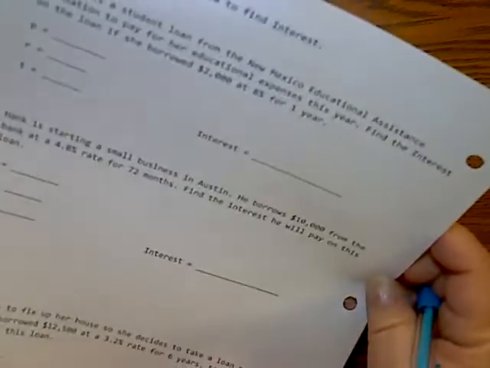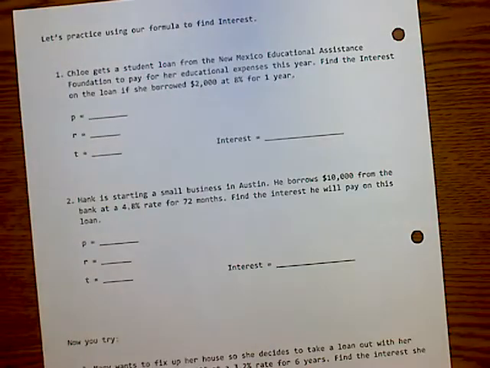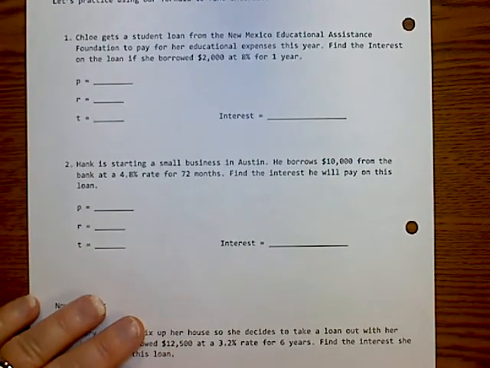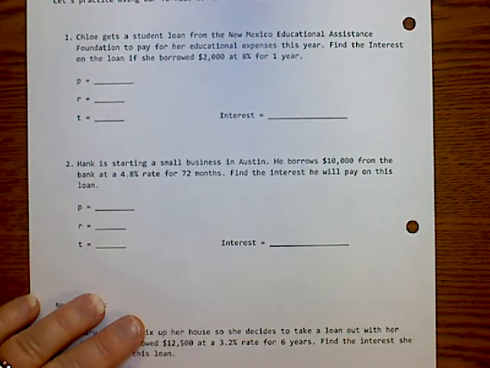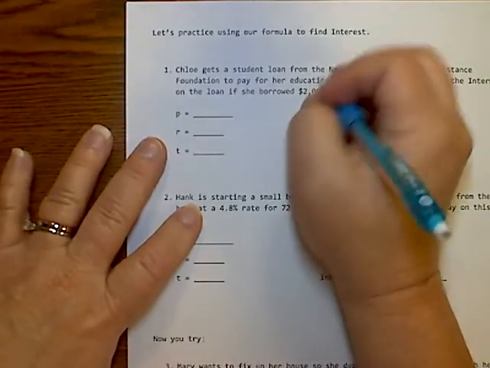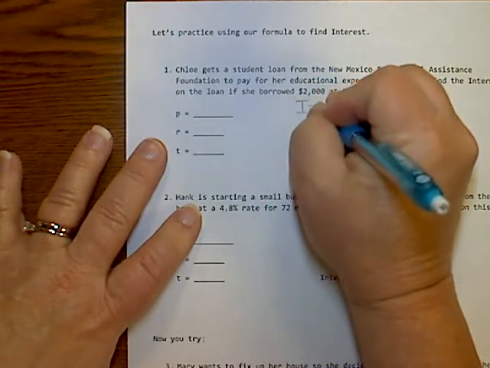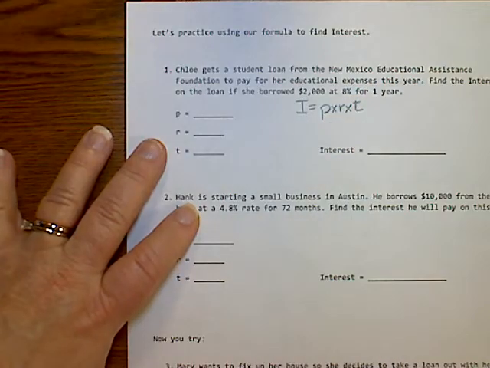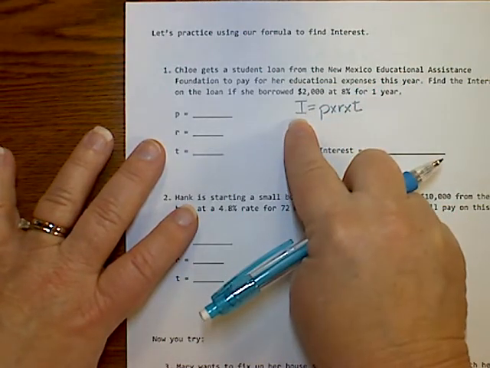Let's practice using the formula. Okay. Chloe gets a student loan from the New Mexico Education Assistance Foundation to pay for her educational expenses this year. Find the interest on the loan if she borrowed $2,000 at 8% for 1 year. Remember, your formula is I equals P times R times T. It's pretty simple and it solves for interest.